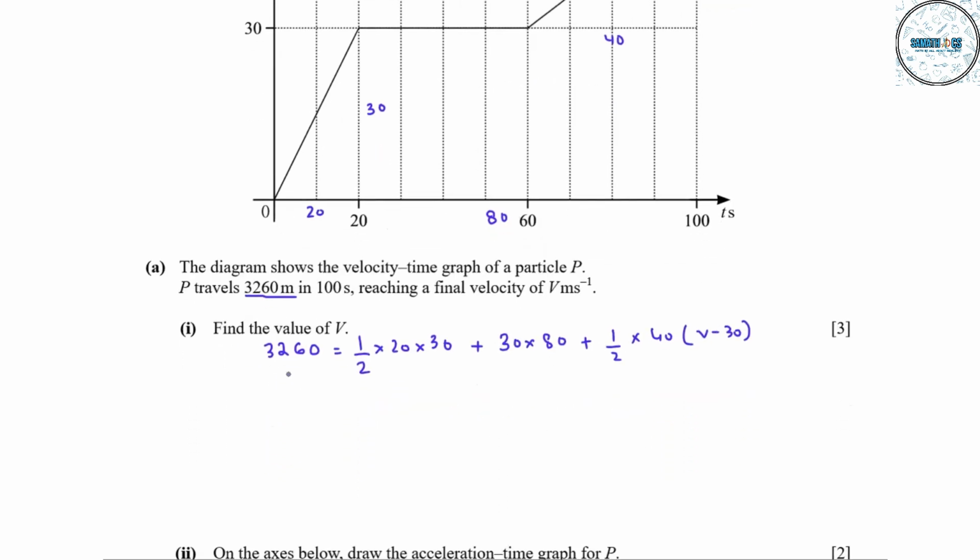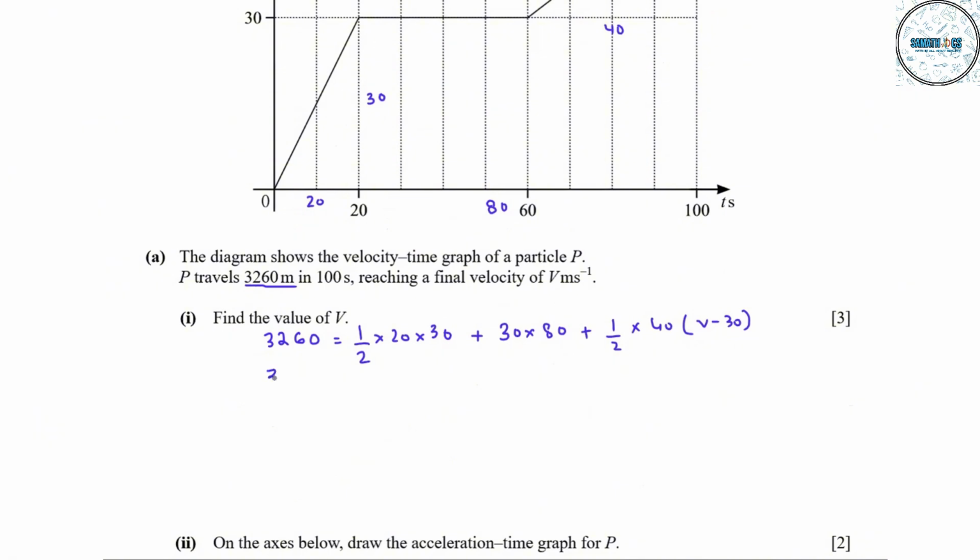When we will simplify it, we will get 3260 is equal to, we can cancel out this, 300 plus 2400 plus 20v minus 600.